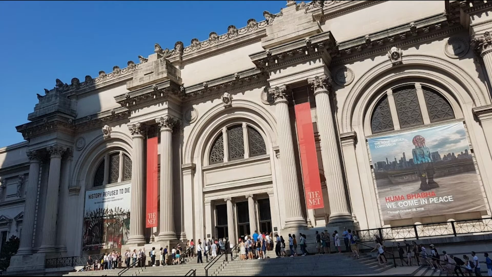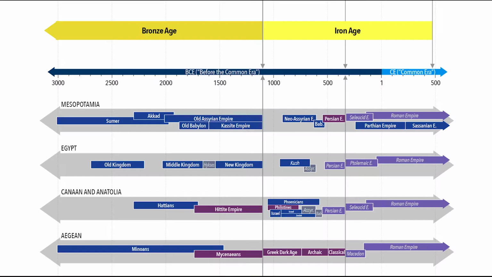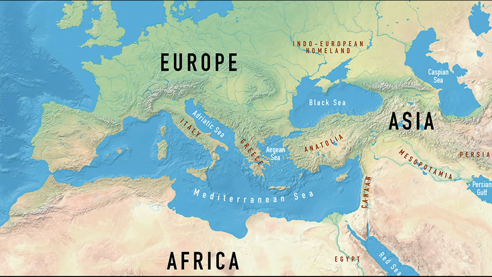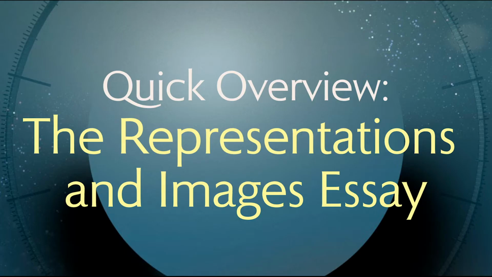There are two criteria you must use for choosing the artworks you're going to write about. First, you need to pick two works from the ancient era that are from different places or from the same place at different times and different periods. So either different places in the ancient world or different periods from the same place.